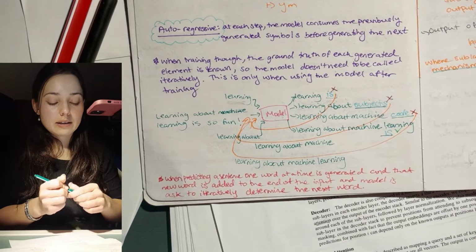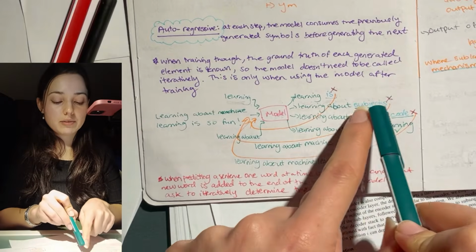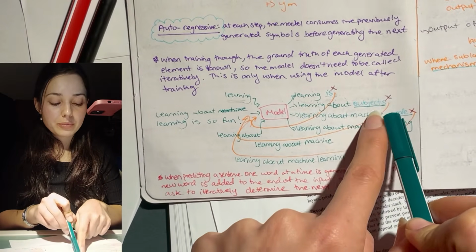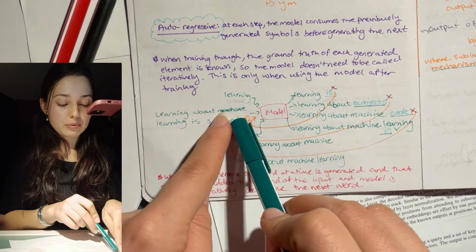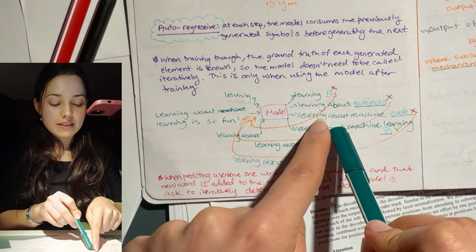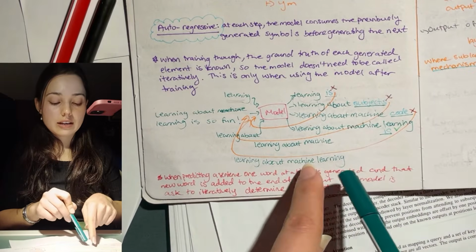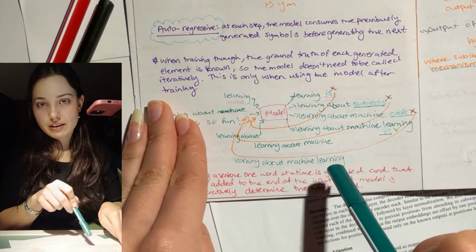And then the next time, it'll predict what the next word is. So in this case, it predicted learning about subjects. No, subjects was wrong. The true value we were going for was learning about machine. So then we put in learning about machine into the model, and then it guesses learning about machine code. No, the correct answer was learning. So this model is not very good yet, okay? It's still being trained.